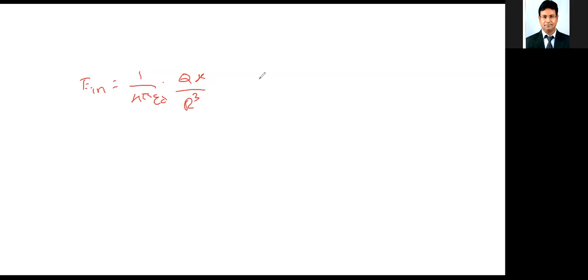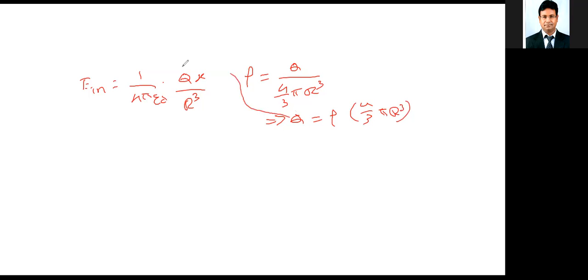Sometimes they might give you only the charge density. So if rho is given, then what do we do? Rho is q by 4/3 pi r cube. So I can write q is equal to rho into 4/3 pi r cube, and then I'll substitute that q here. So what will I get?